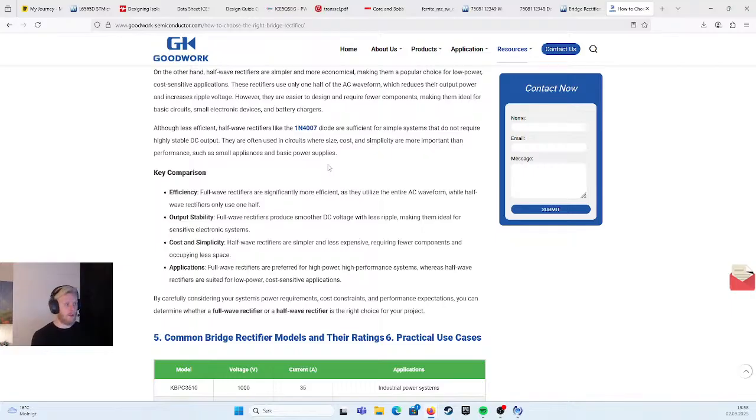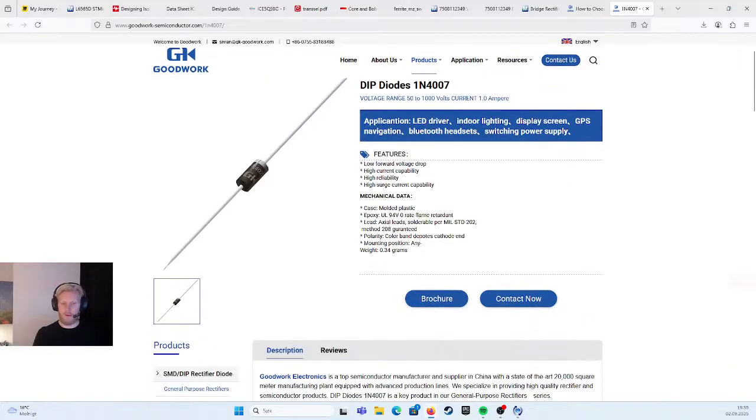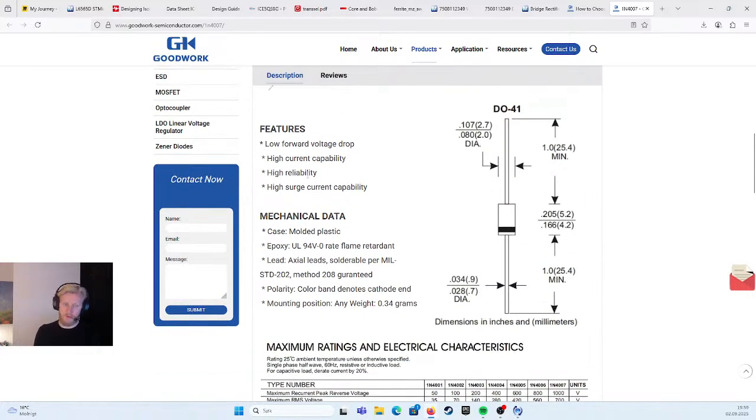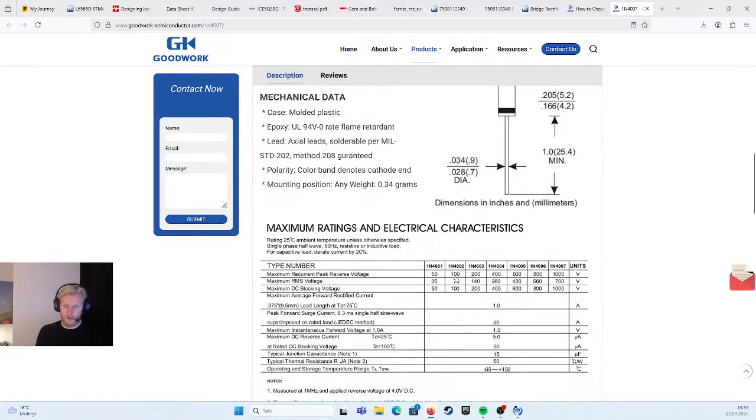But I would think that selecting a bridge rectifier to cope with an AC signal from the socket is a must. I don't know about using just a diode, but for example, this one, look at the forward voltage for 1 ampere. Oh, it goes up to 1,000 volts. So maybe it's still just as applicable.